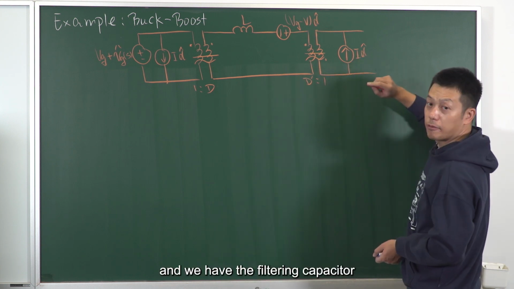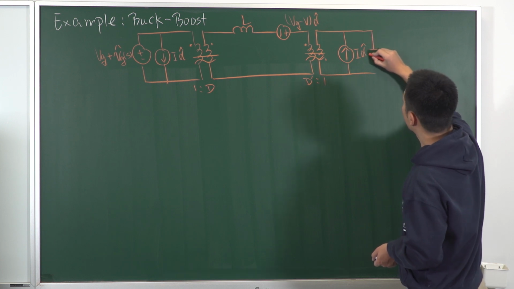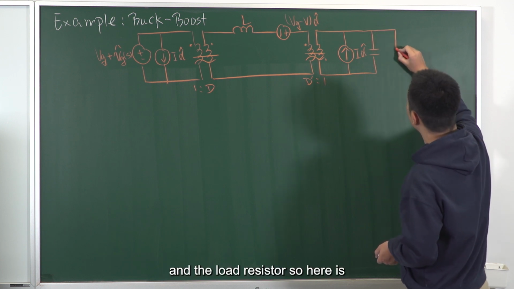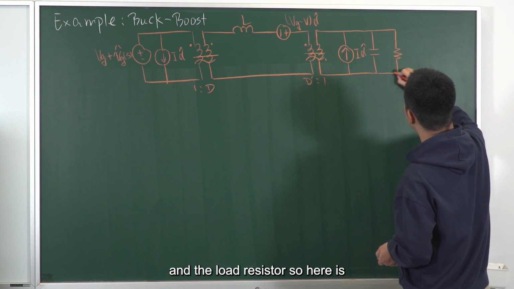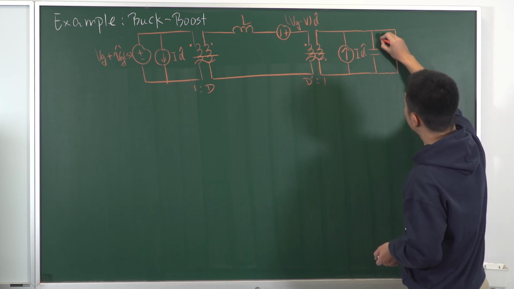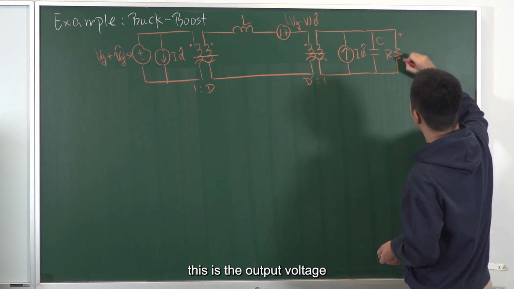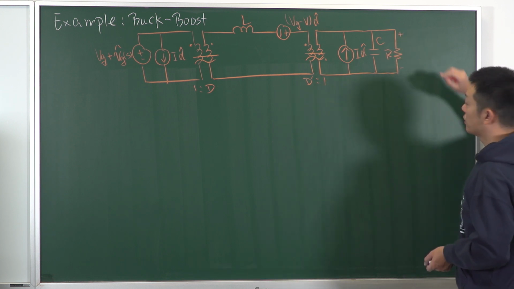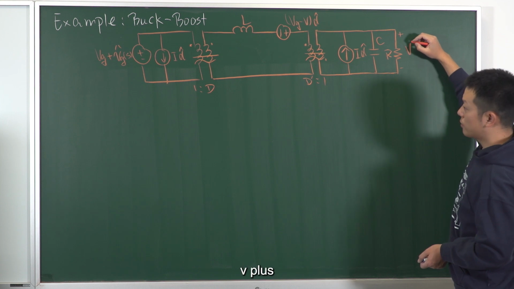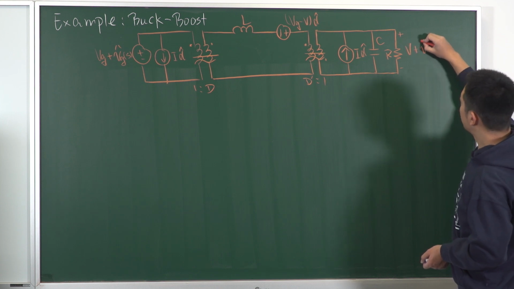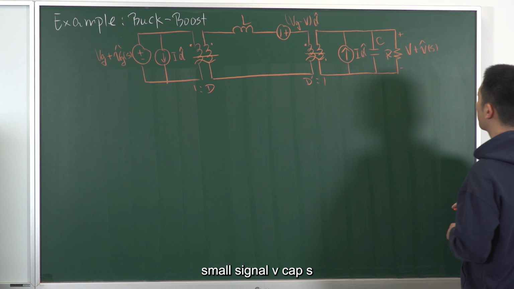And we have the filtering capacitor and the load resistor. So here is C, here is R. This is the output voltage, V plus small signal v cap.